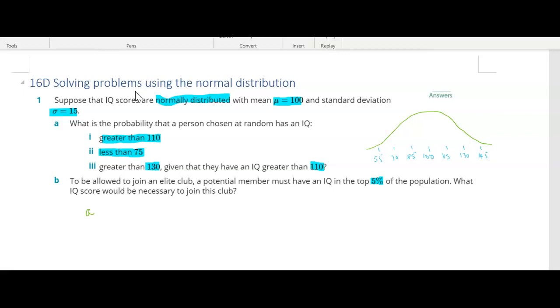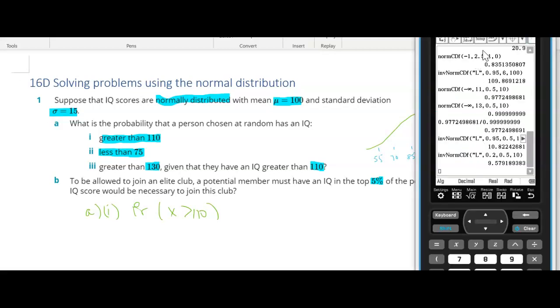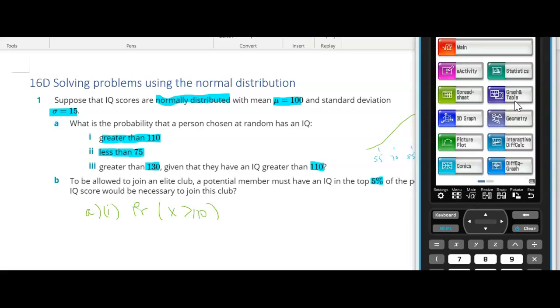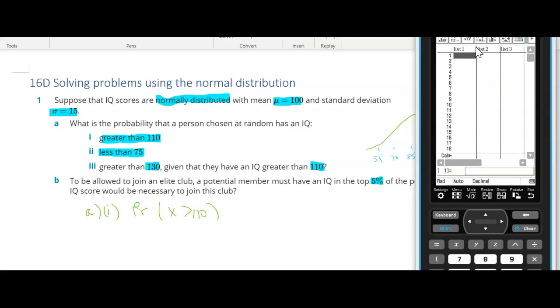So for question A, part 1, we want the probability that X is greater than 110. All right, so grab the calculator. Remember, you can either go to the interactive or we can go to the statistics. I always think seeing it visually on the statistics screen is better because we're doing greater than or less than, so you just want to make sure it's shading the correct region.